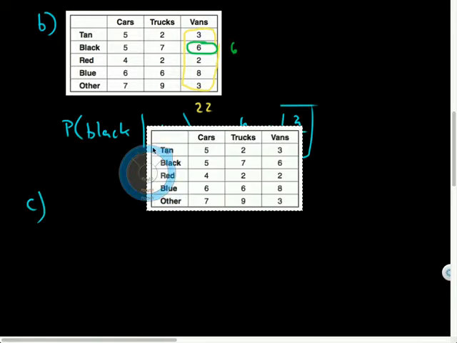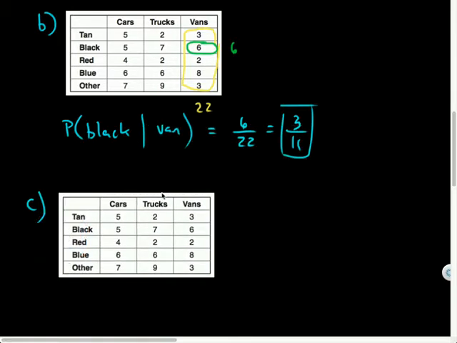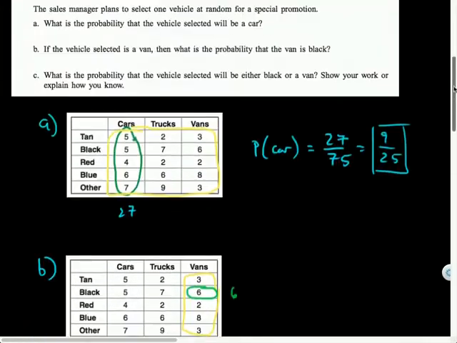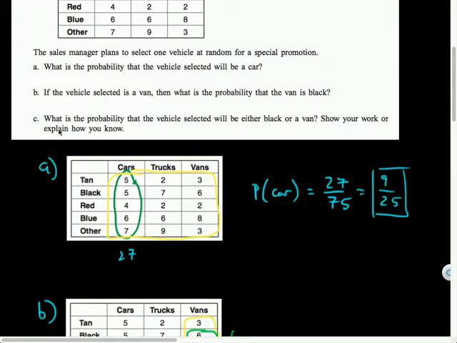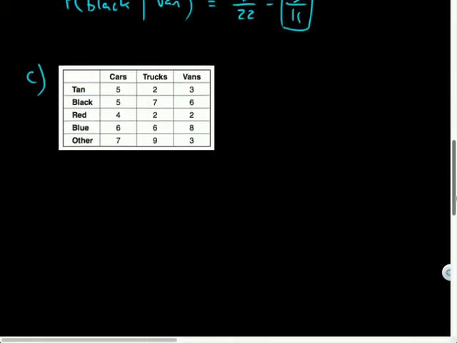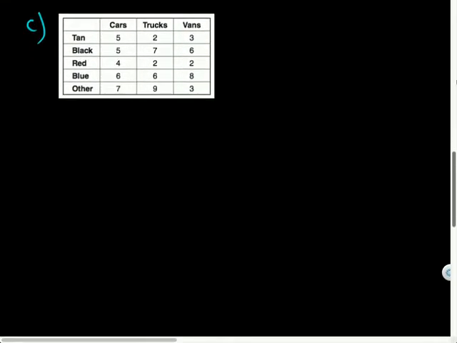Let's see, one more problem here. And some key words with probability here. It says, what is the probability that the vehicle selected will be either black or a van? Sure to work. So either black or a van. So what is my denominator? What are the total realm of success plus failures?